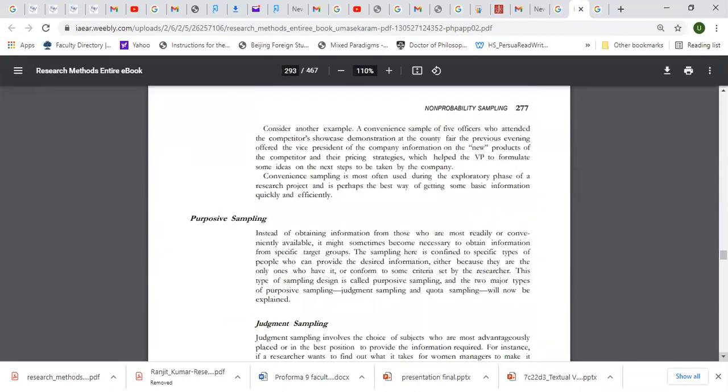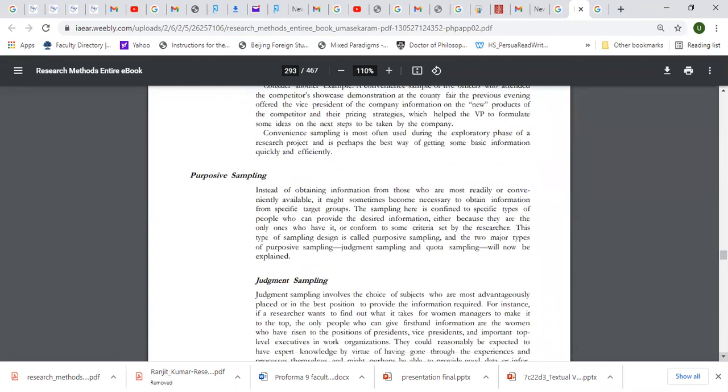Then we have purposive sampling. This word suggests that it is associated with the purpose. Purposive sampling is based on the people or the subjects who can provide you information which is associated with your research, and that is the purpose of your research.